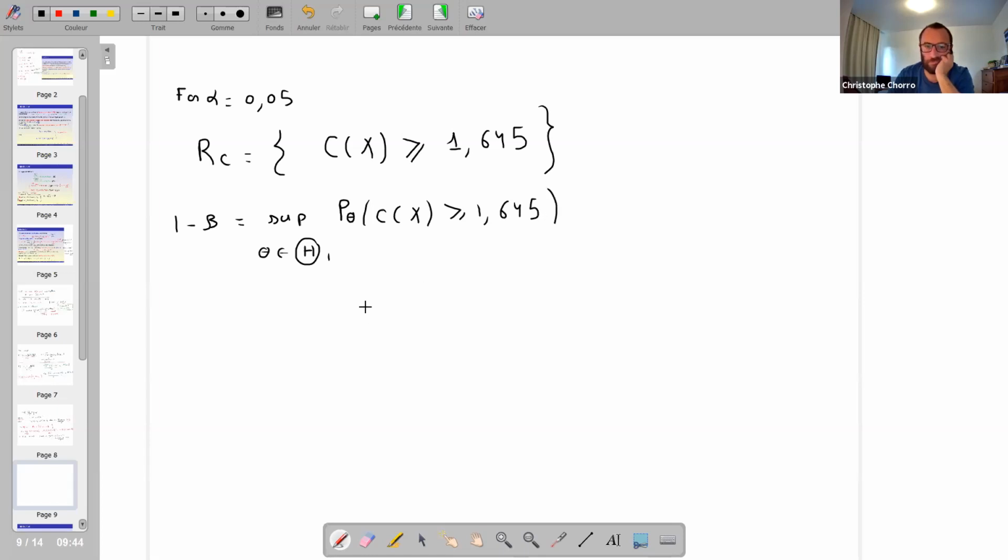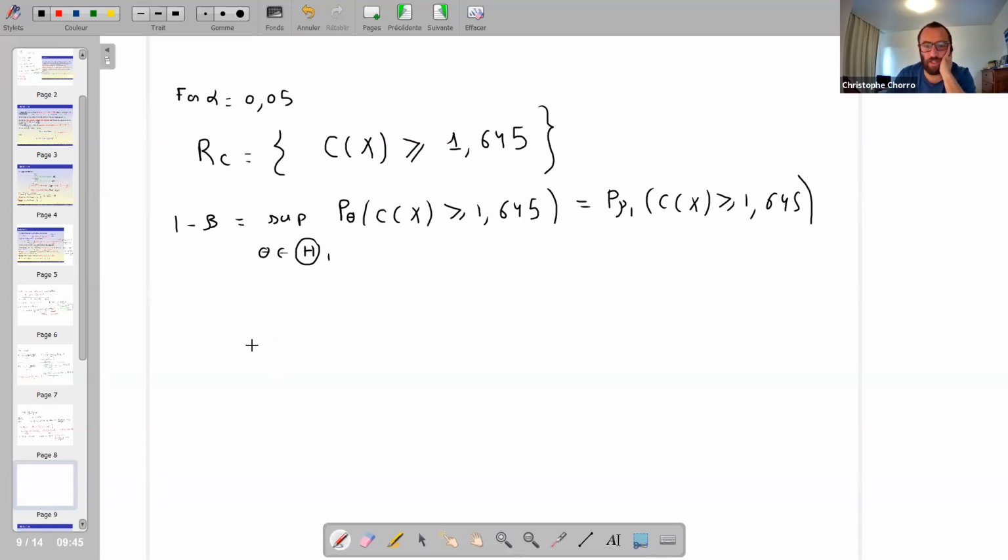In my case, I have a single element in theta 1 that is mu1, so it will be P of mu1, C of X greater than 1.645. And so I have the possibility to compute this probability explicitly here.